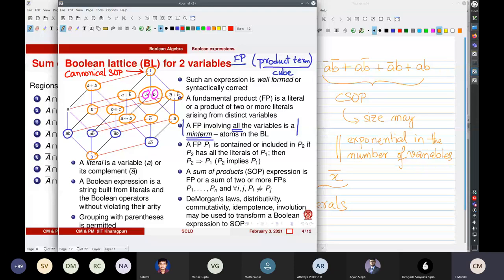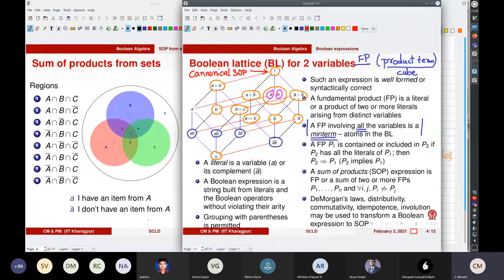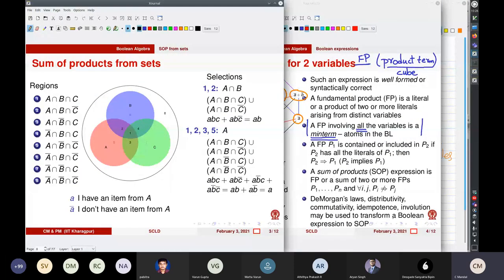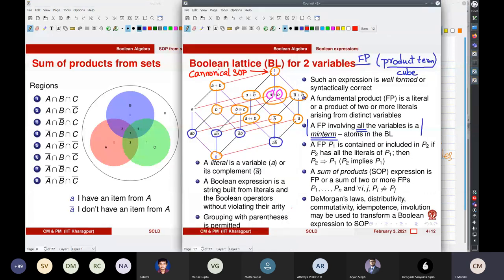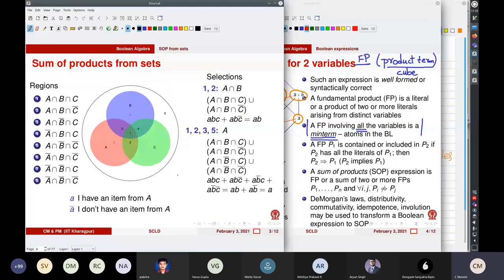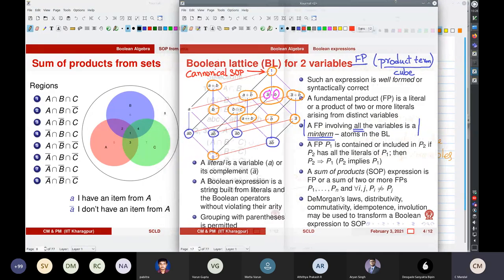As I told you, the role of each variable is nicely depicted in this Venn diagram. For this Boolean lattice with 4 atoms, can you draw the corresponding Venn diagram?